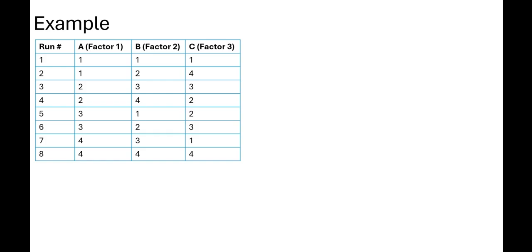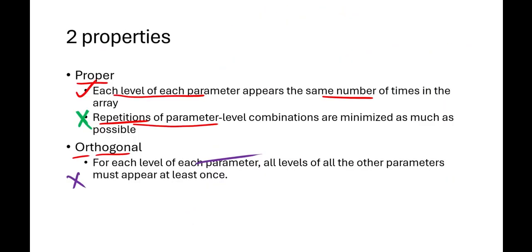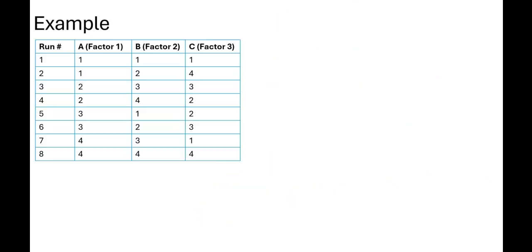So the first thing is that we have to check whether it is proper or not. The first test is that the levels should appear the same number of times. So A1 appears twice, B1 twice, 2 appears twice, 2 appears twice, 3 appears twice, 3 appears twice, or 4 appears twice, 4 appears twice, and 4 appears twice.